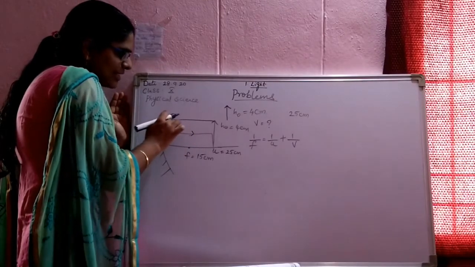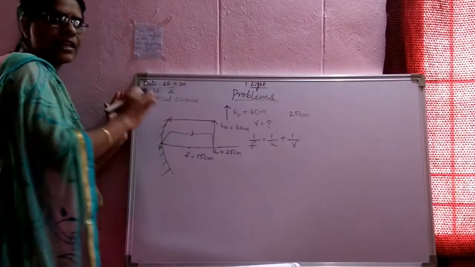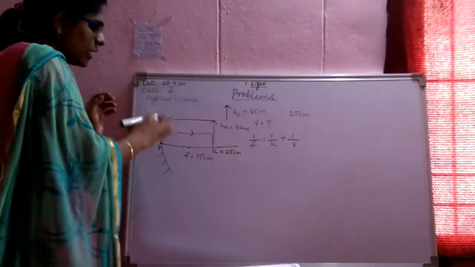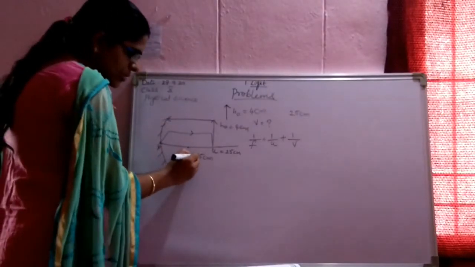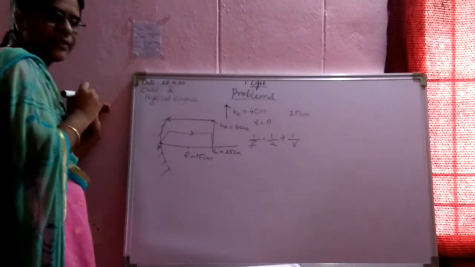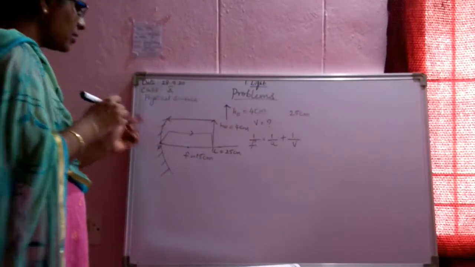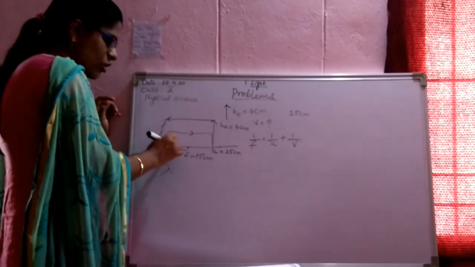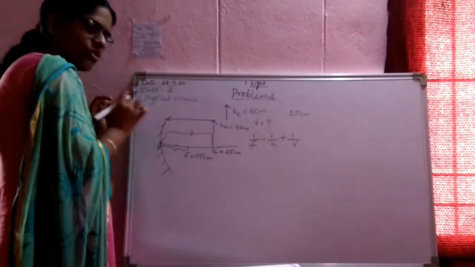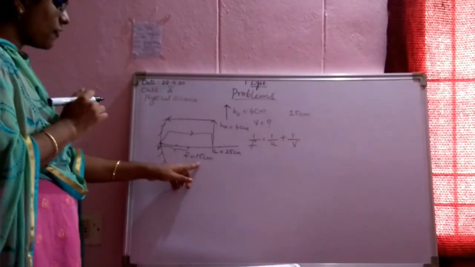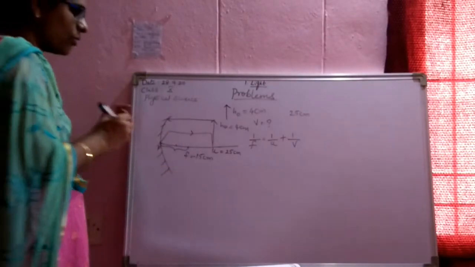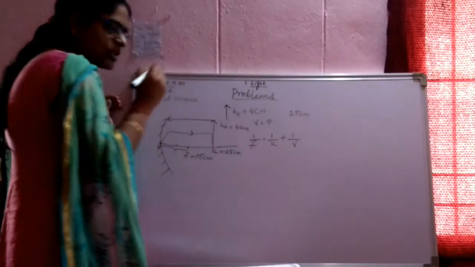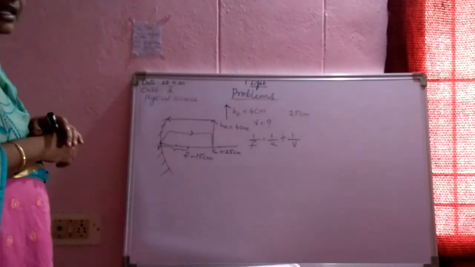In the direction of the incident ray, all values must be taken as positive; in the opposite direction, negative. Hence pole to focus is also in the opposite direction, so F must be taken as negative. Object distance is also in the opposite direction, hence it must be negative.